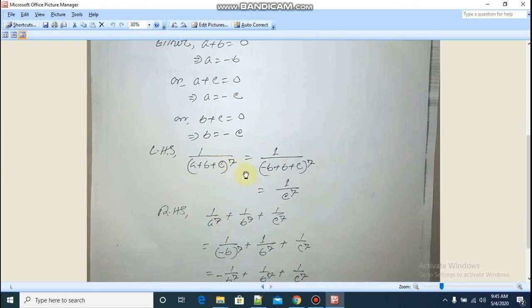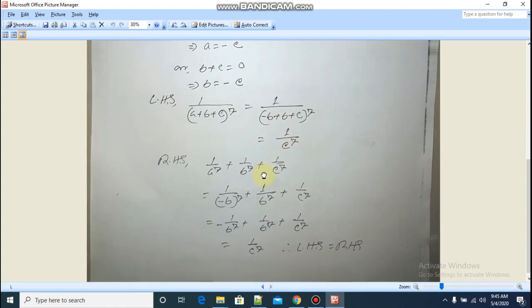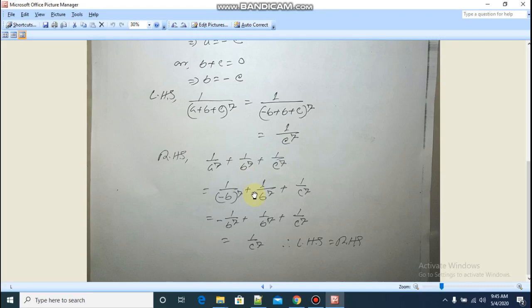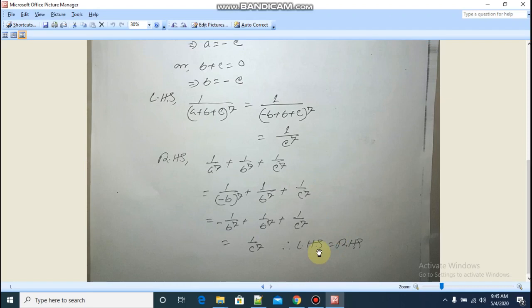Left hand side, put minus b in the place of a, we get 1 by c to the power 7. Similarly, right hand side, 1 by c to the power 7. So left hand side equals right hand side. Okay, finished.